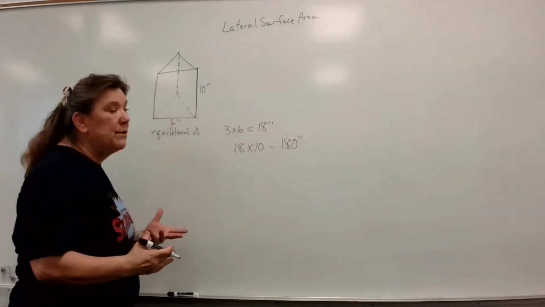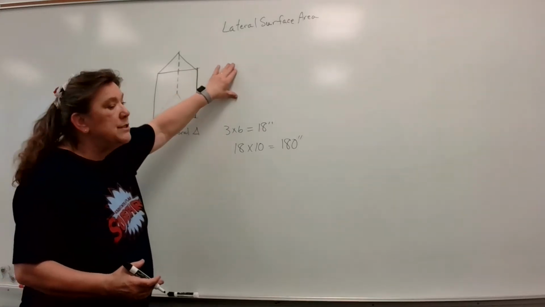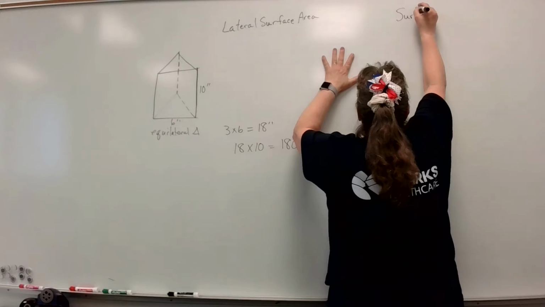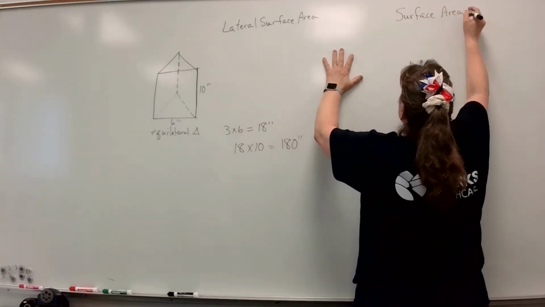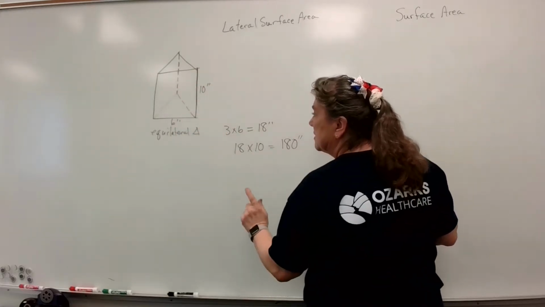And that is my lateral surface area. Now, to go from my lateral surface area to my complete surface area, which we just call surface area, all I have to do is add the area of the top and the bottom, which are the same.